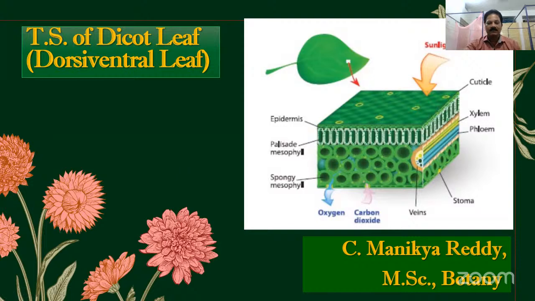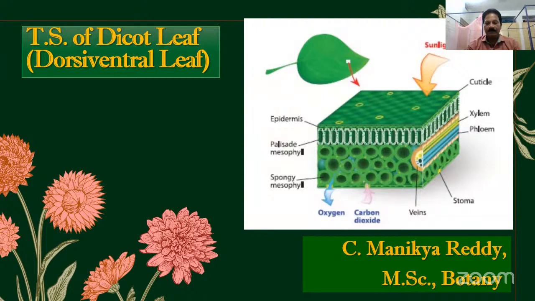The external appearance of the adaxial surface, that is upper epidermis, and the lower epidermis, abaxial side, are different. That's why the dorsal side is upper side, ventral side is lower side. So this dicot leaf is also called dorsiventral leaf.